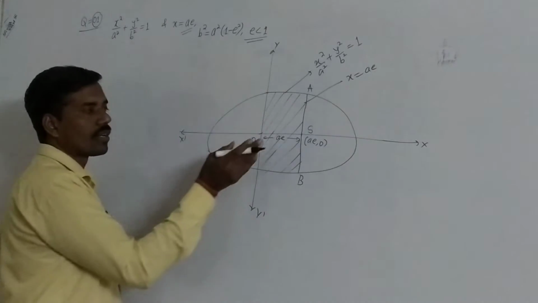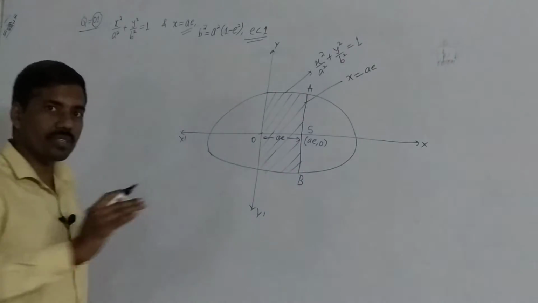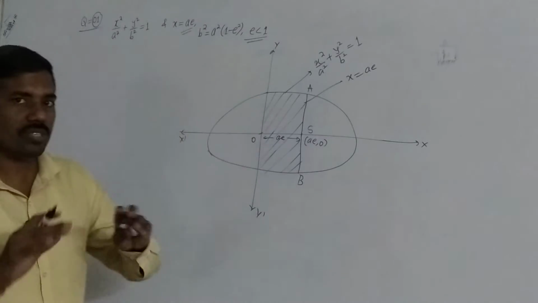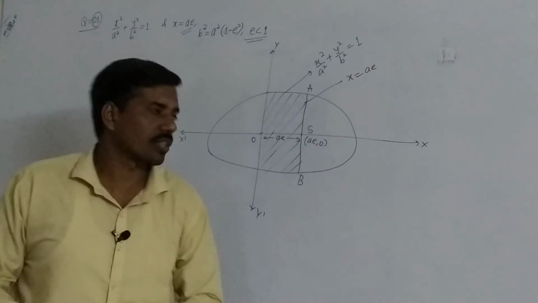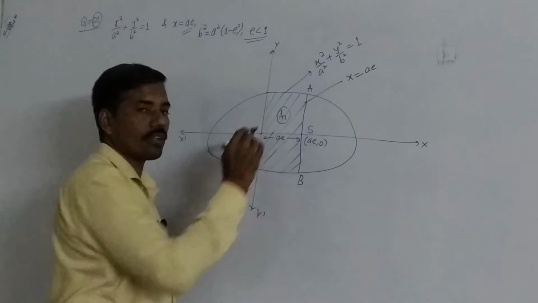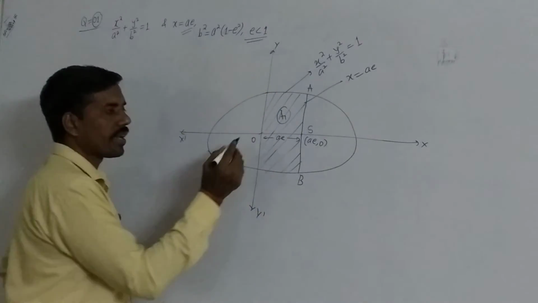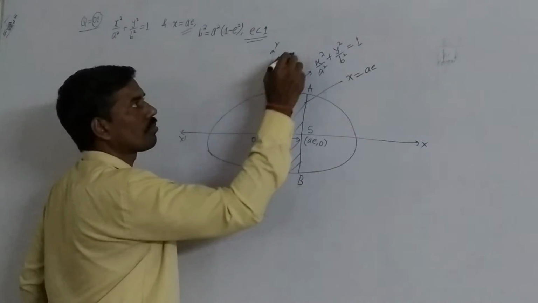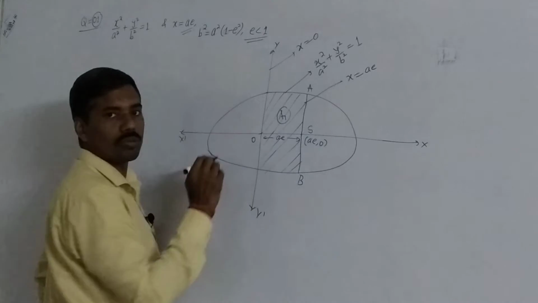And we know that the ellipse is symmetric with the x axis. So symmetric means as much above, as much below. So let this one be area A1, which is made by x is equal to 0, means y axis. The equation of y axis is x is equal to 0.